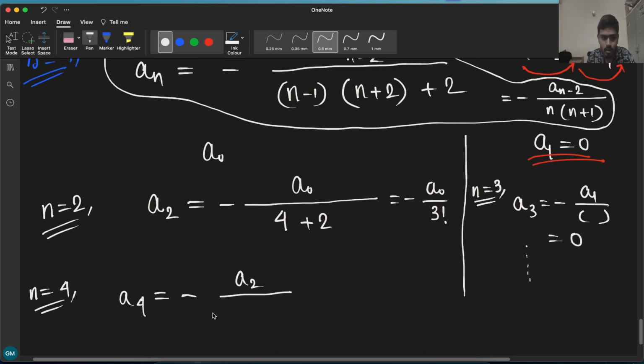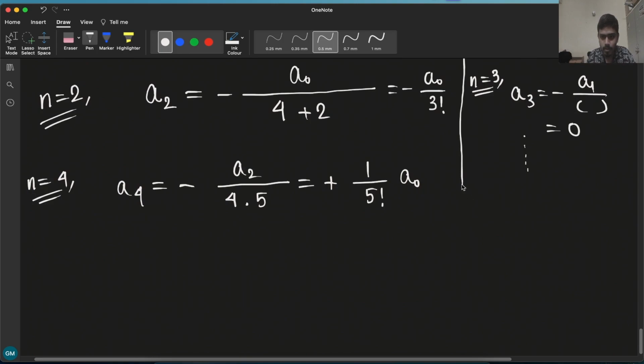We know that a2 is minus a0 by 3 factorial, and if I put the value, there is a minus here and a minus here, so it will be plus 1 by 3 factorial times 4 times 5, that means 5 factorial, a0. Great. And a5 will be 0 if I put n equals 5.